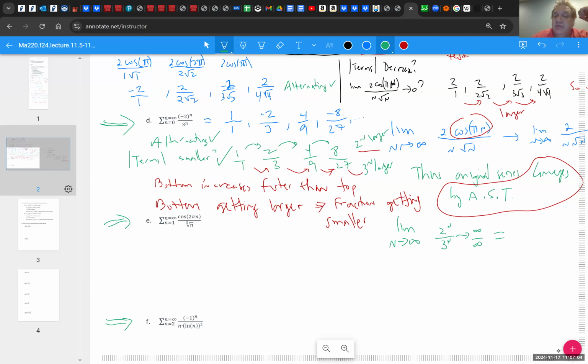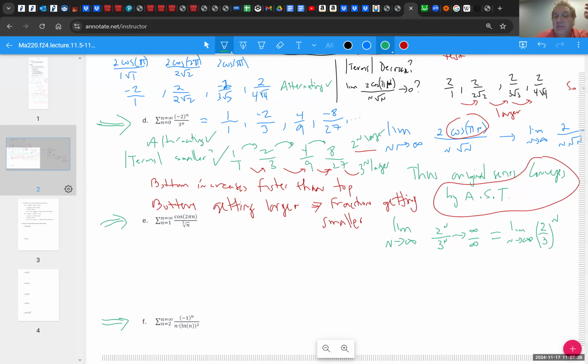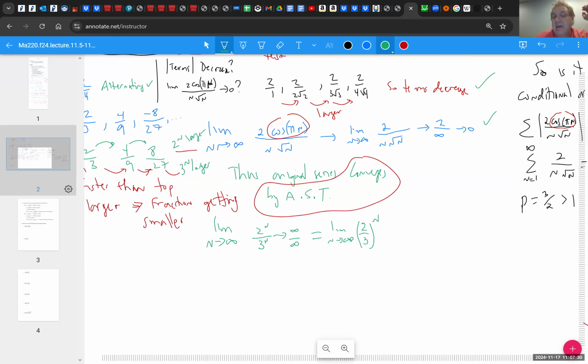So this original limit here, 2 to the n over 3 to the n, if you remember your algebra skills and the way we simplify exponential functions, becomes 2/3 to the n, right? 2/3 to the n is the same as 2 to the n over 3 to the n. And why does this help? Because you have a number that's smaller than 1.